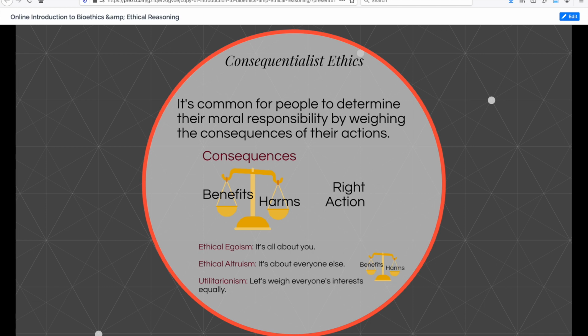that plays a key role in guiding people's decision making in the medical context is consequentialist ethics. Now, it's very common for people to determine their moral responsibility by weighing the consequences of their actions, right?